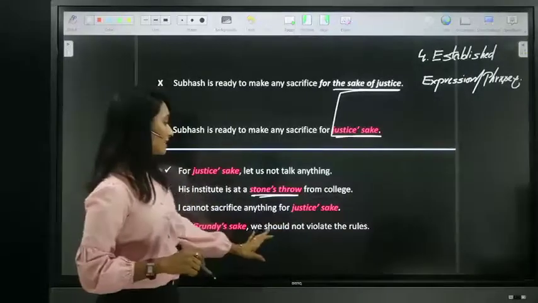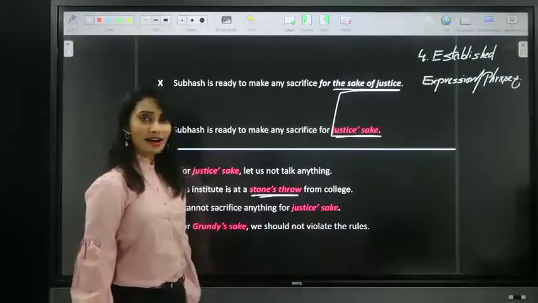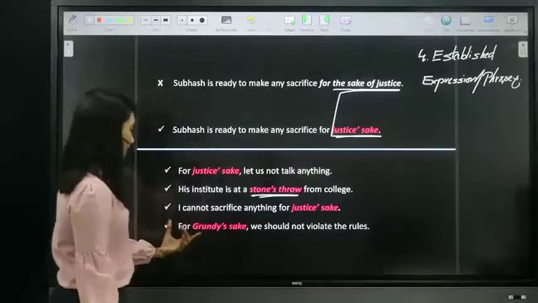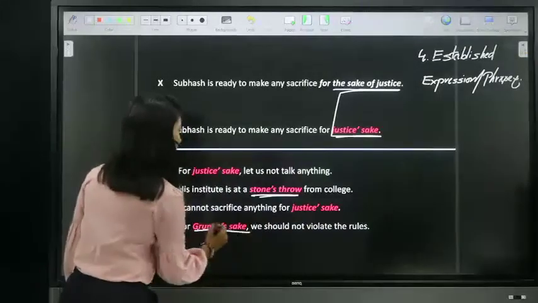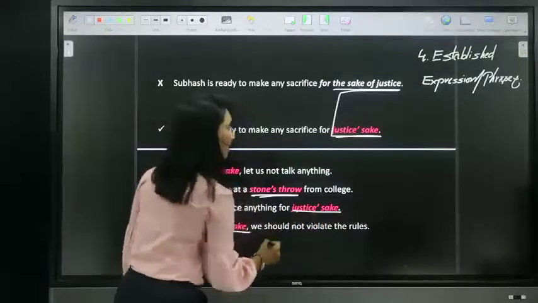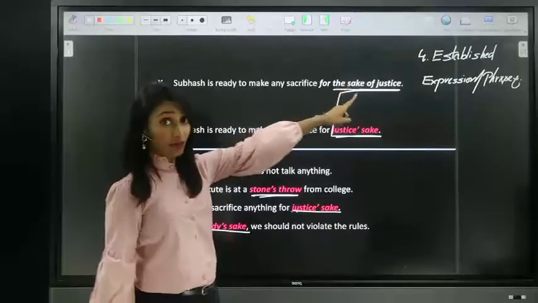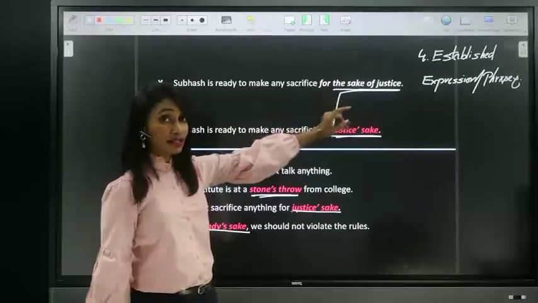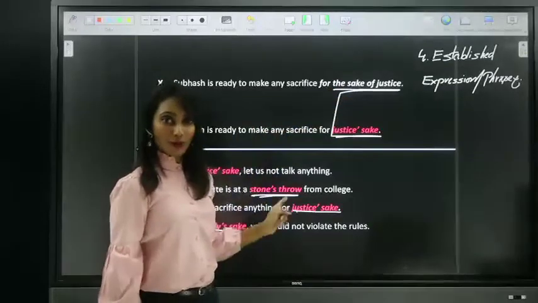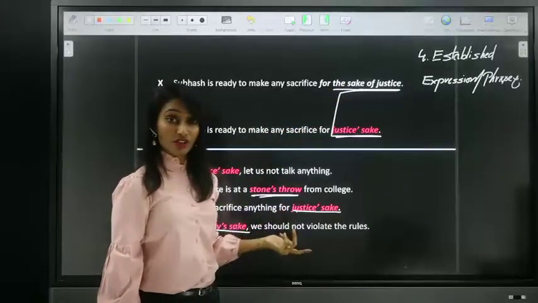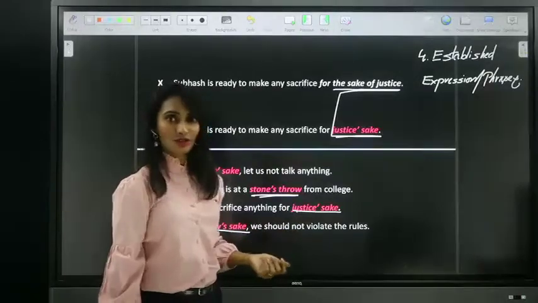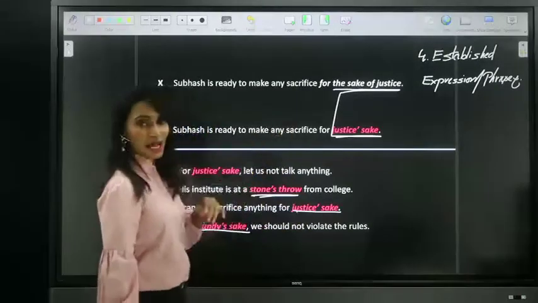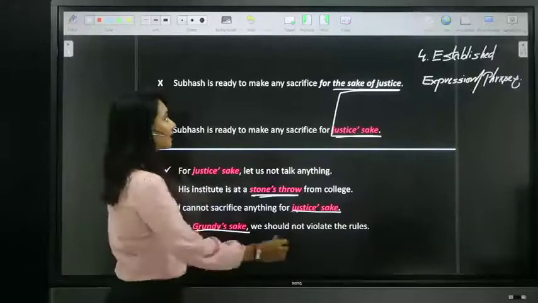For Gandhi's sake, we should not violate the rules. So look at this: Gandhi's sake, justice sake, established expressions. Such established expressions or phrases must be used with apostrophe s by keeping possession. That is the rule. So we have to use that as they are. So now let's see the next sentence.